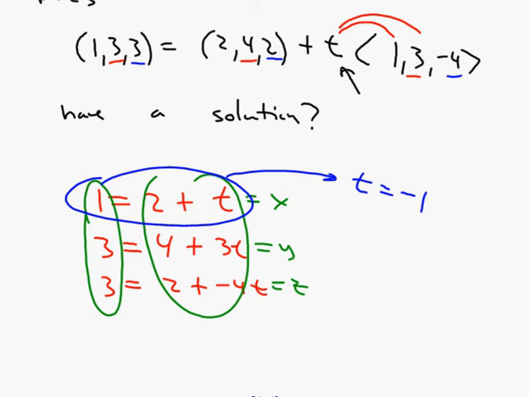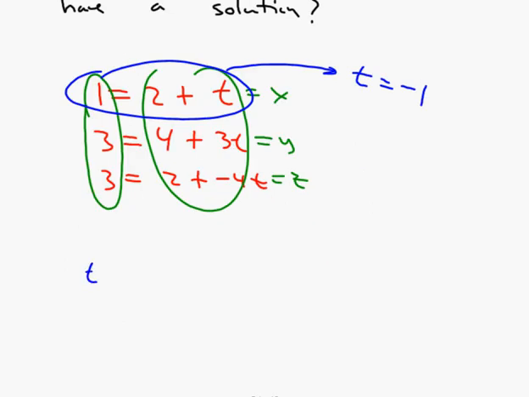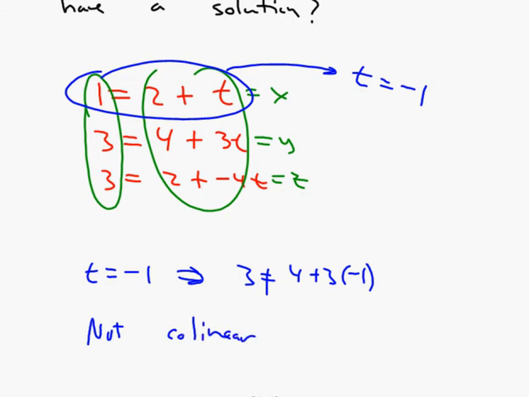We take t equals negative 1 and plug it into equation 2. That would imply that 3 would have to equal 4 plus 3 times negative 1. But that doesn't happen. So that means that these points are not collinear. There is no value of t that's going to make all these equations satisfied simultaneously.